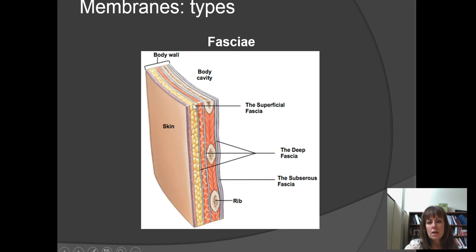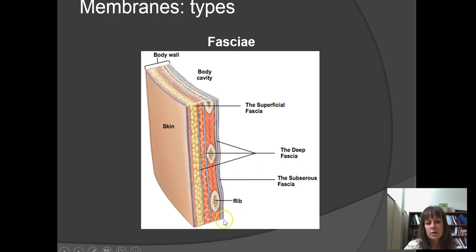Right next to that we have the deep fascia. The deep fascia is dense irregular connective tissue, and the red here is showing muscle. You can have several layers of deep fascia surrounding, encasing and separating these different muscles. You might find a number of different muscles between the skin and that cavity.